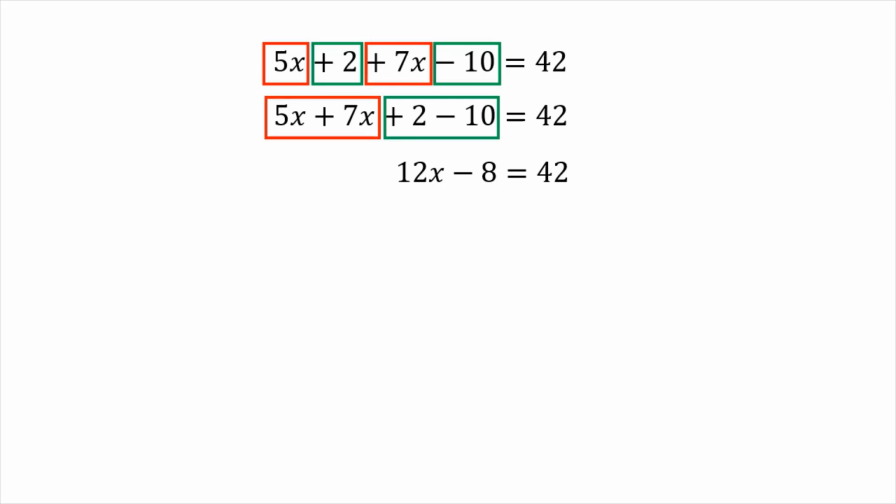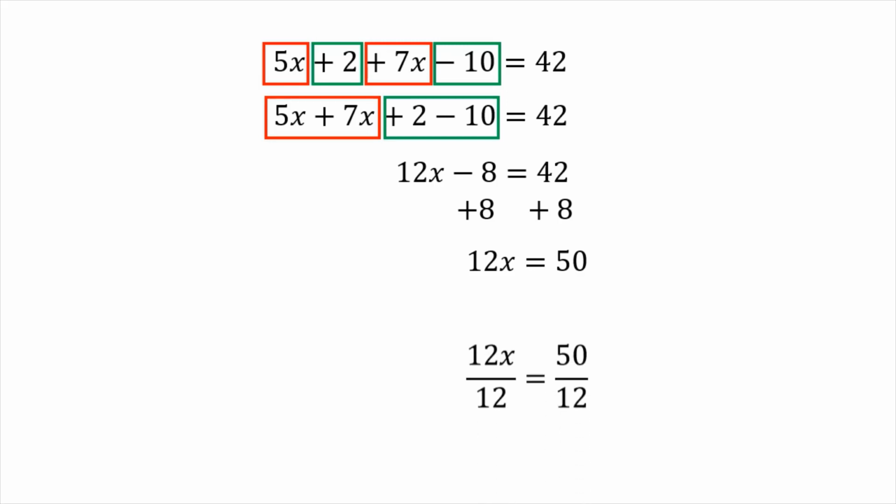Okay, now this is just a regular 2-step problem. We know what to do from here. We're going to start by adding 8 to both sides of the equation so that we end up with 12x is equal to 50. And then the opposite of multiplying x by 12 is dividing x by 12. So we're going to divide both sides of the equation by 12. That allows us to cancel those 12 out.